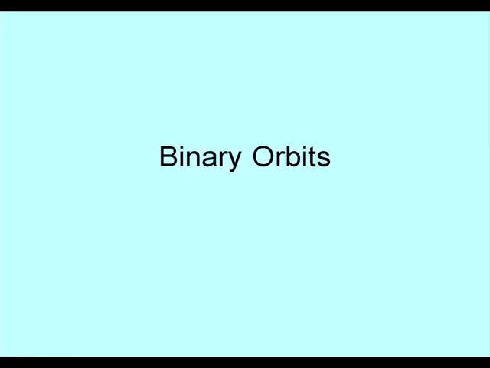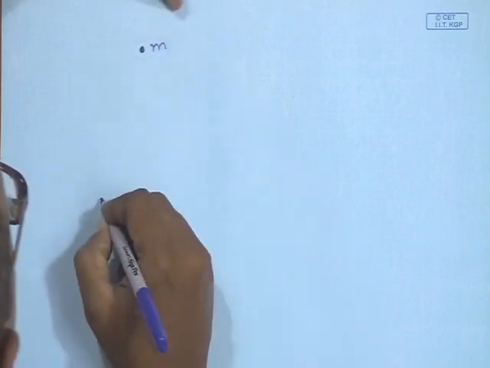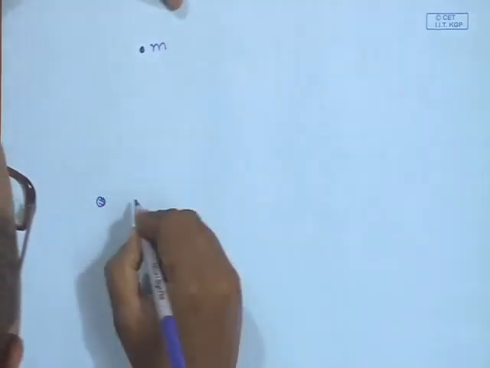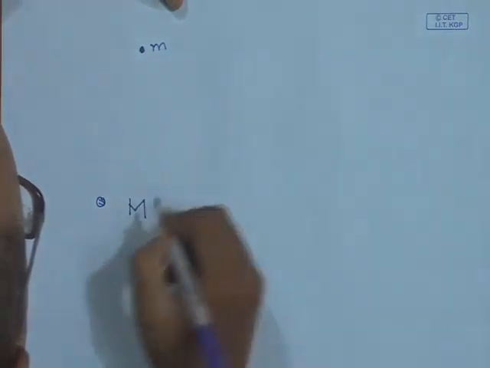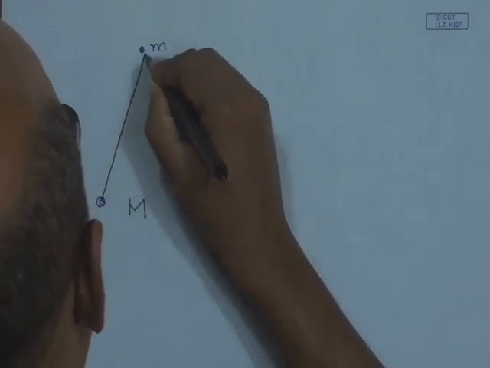Let me remind you that we have already discussed the motion of a test particle in the gravitational field of another object whose mass is much more than that of the test particle.